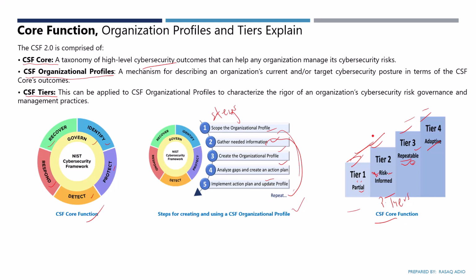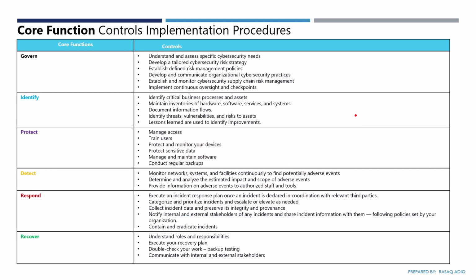As you grow as an organization, you also need to redefine your organizational profile, then apply appropriate tiers. With that, you are going to be on the same level as organizations that have the same size and control as you. So then finally, we are just looking at these core functions' control implementation procedures.